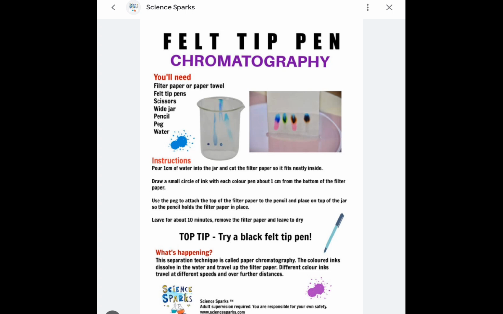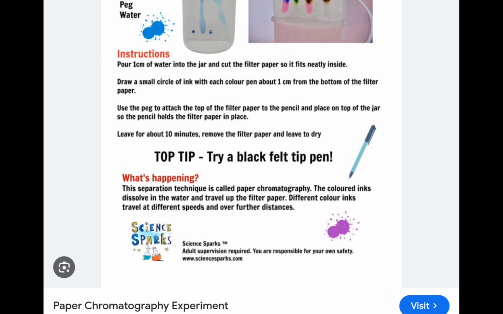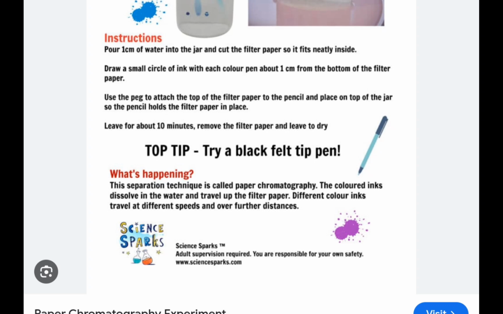This is the second image. Filter paper, paper towel, scissor, jar, pencil, water. So result. See the result. This separation technique is called paper chromatography.